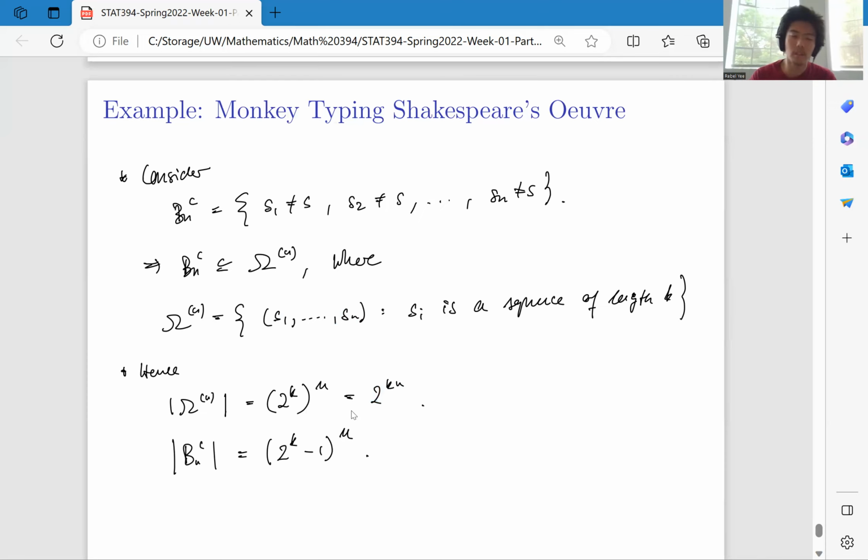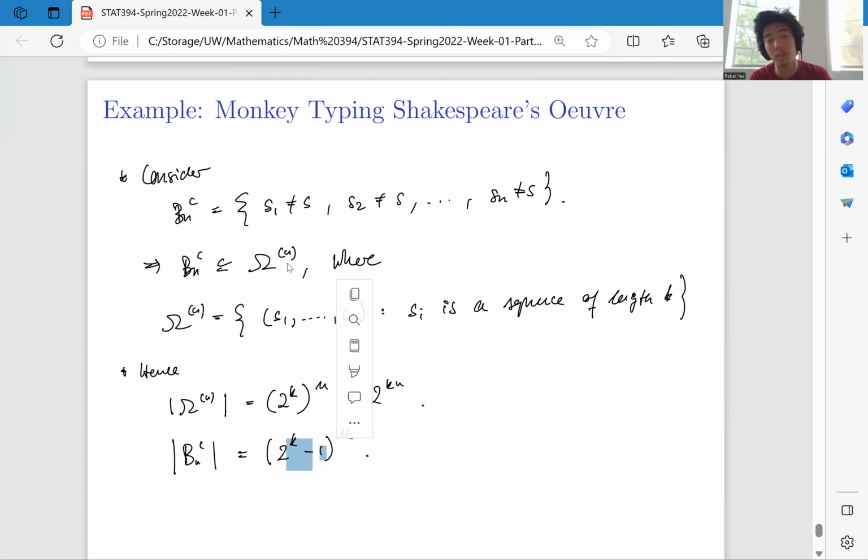And now the cardinality of Bn complement is equal to (2 to the power of k minus 1) to the power of n. This is because Bn complement is like all of that here, but at least they cannot be S. They cannot be S, so this is why we minus 1 here. If it belongs to S, then it's in B, it's not in the B complement.